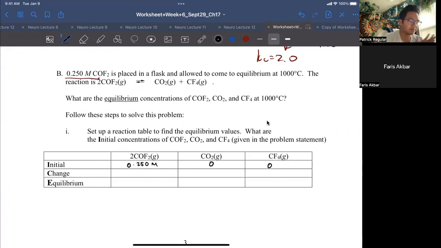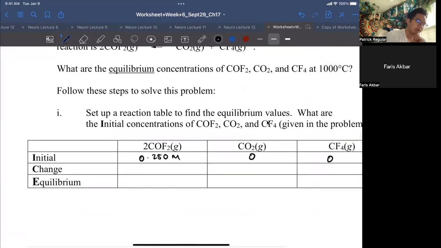What are our equilibrium concentrations? We know that for every 2 moles of COF2 destroyed, you're creating 1 mole of CO2 and 1 mole of CF4.